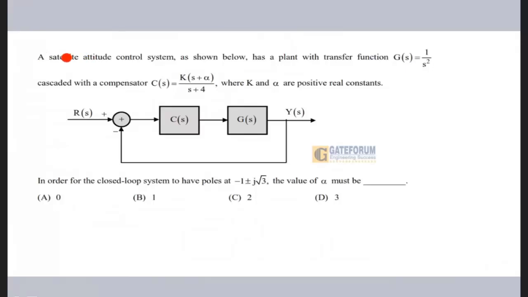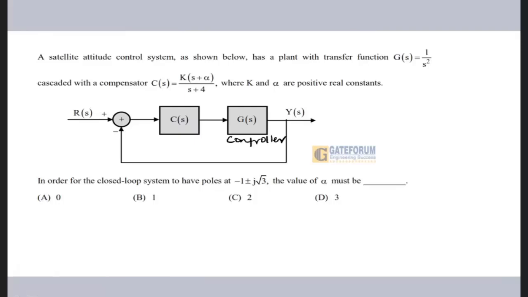Hello students. This particular question was asked from control systems in GATE 2024 ECE section. Here they are asking that a satellite altitude control system as shown below has a plant with transfer function G(s) equal to 1 by s square.